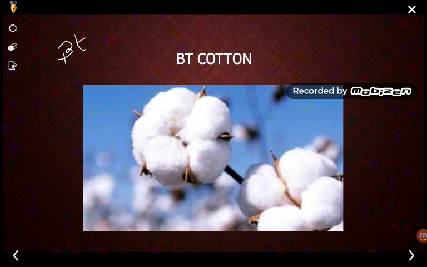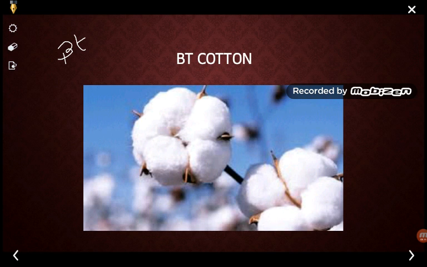This cotton plant is pest resistant, it doesn't get attacked by pests, and hence the production is the highest. This type of variety can be obtained by means of genetic engineering. Bt cotton is a genetically modified pest resistant cotton variety which produces an insecticide to combat the bollworm.